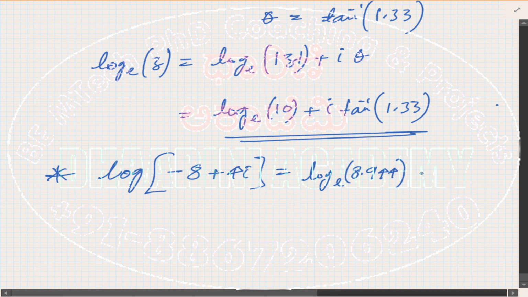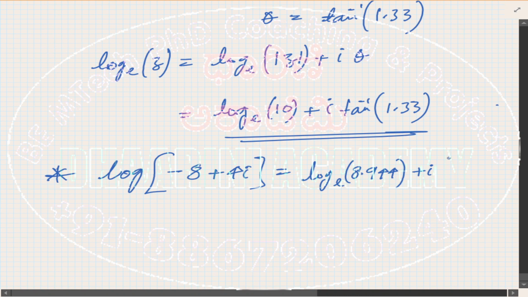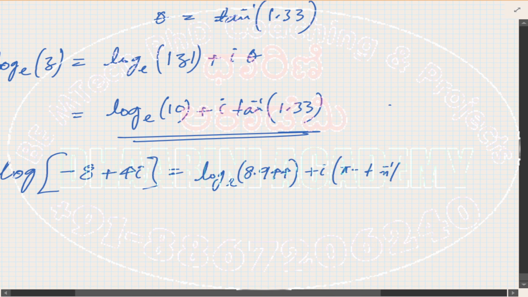The magnitude is 8.944, and the argument is pi minus tan inverse of 0.5. Correct.